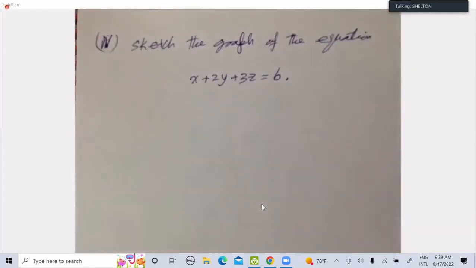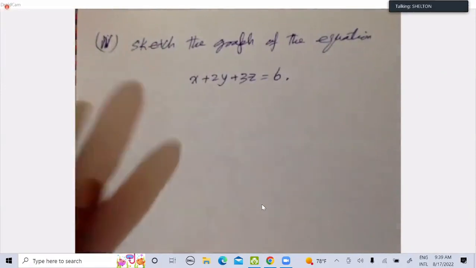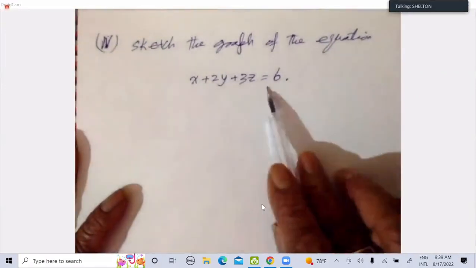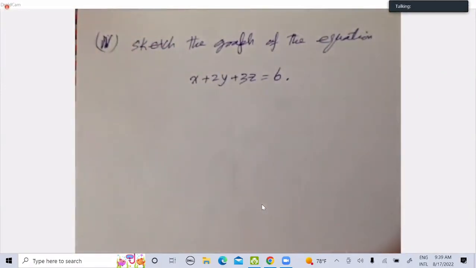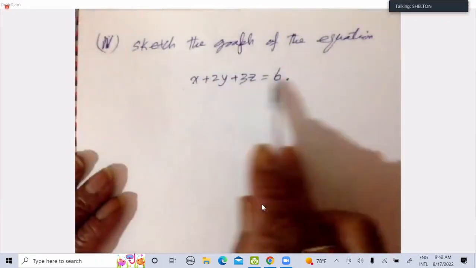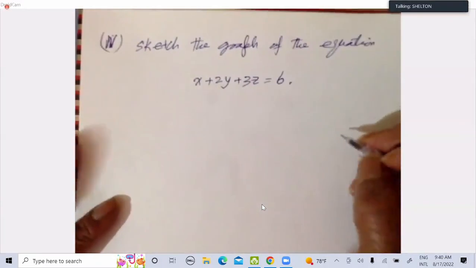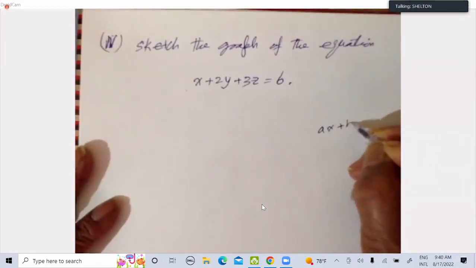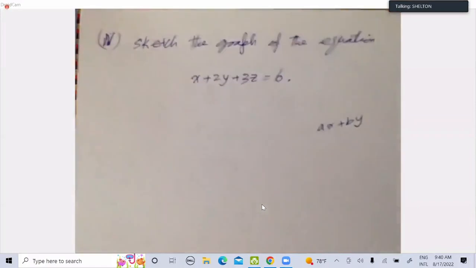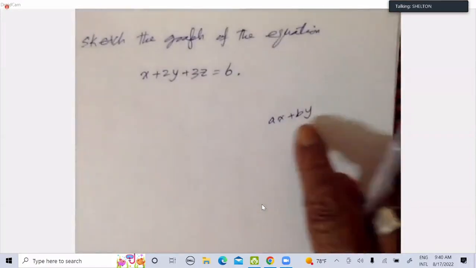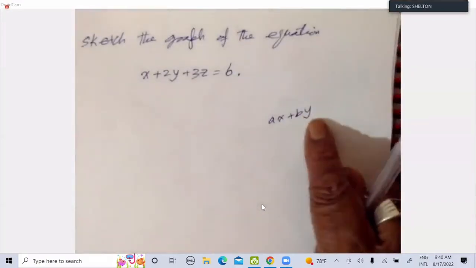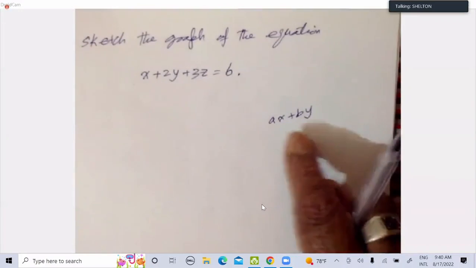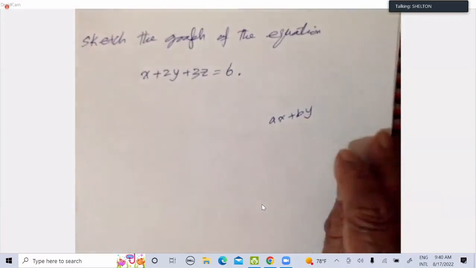You all know the graph of an equation in x, y and z. What kind of a thing is this? If you see ax plus by equals a constant, we know in the xy plane it is a straight line.